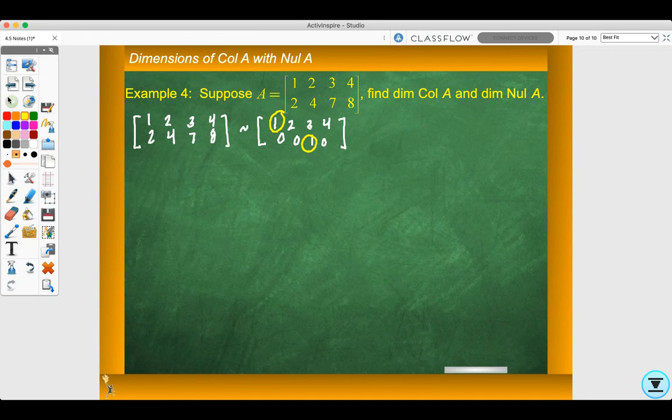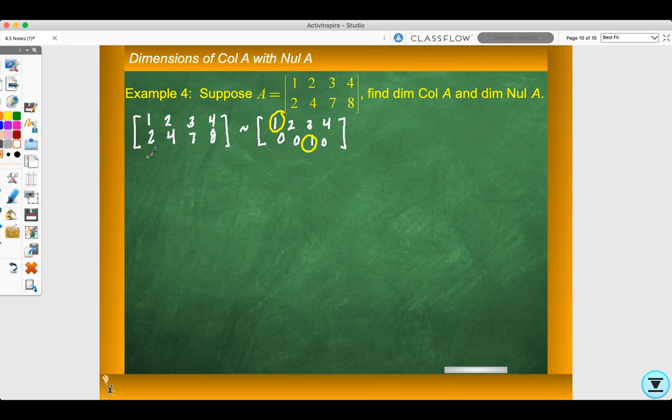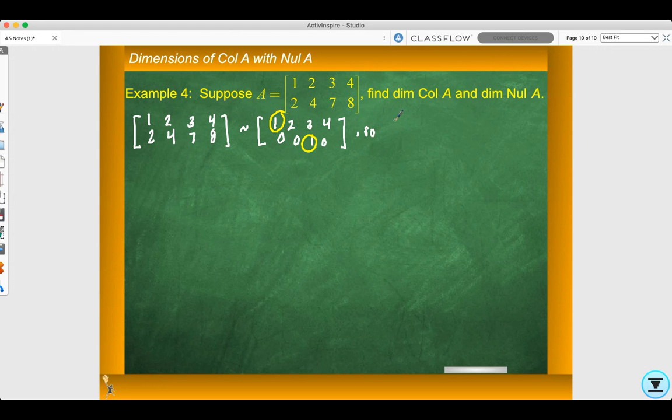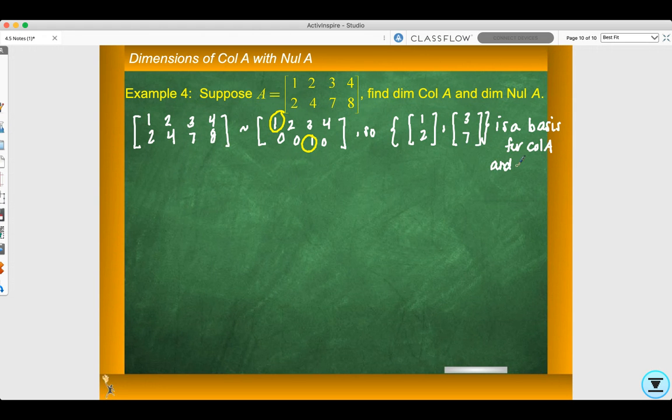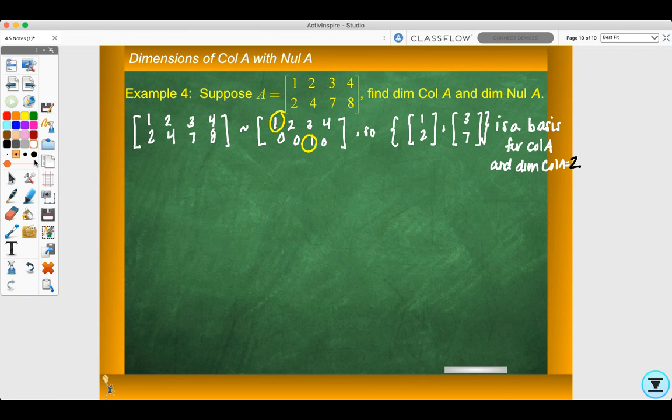So (1, 2), because that's the column where I have a pivot, and (3, 7) is a basis for Col A. And the dimension of Col A is 2.